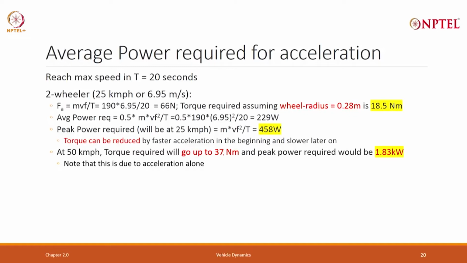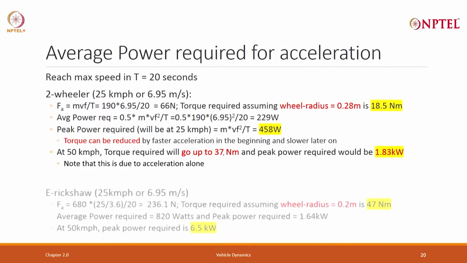So, this is the difference between a two-wheeler which goes to 25 kilometer versus 50 kilometers per hour. Your motor requirement will become much bigger, battery requirement will become much bigger. And note that this is due to acceleration alone. We will also have to overcome the other resistances like rolling resistance and aerodynamic resistance.